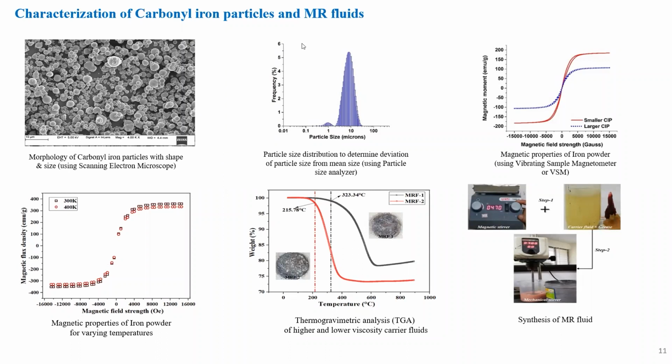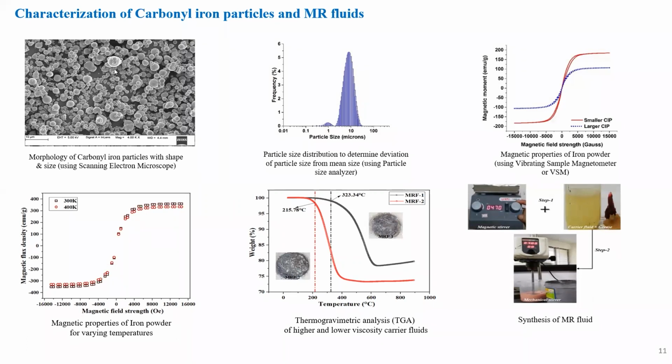If he is claiming 10 microns, the distribution will be around like this, 8 to some 40 microns. The number of particles at 50 microns is less; it is mostly around 10 to 20 micron size particles. So this is a particle test we have to do.